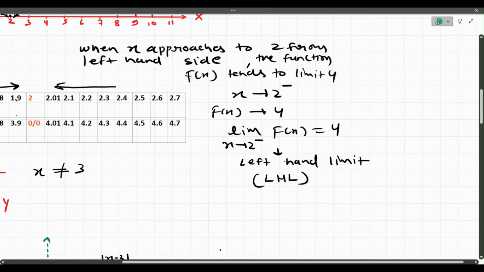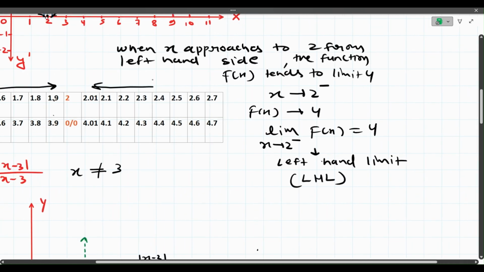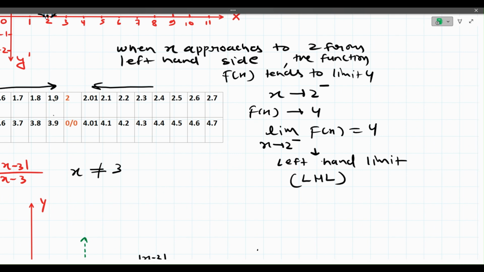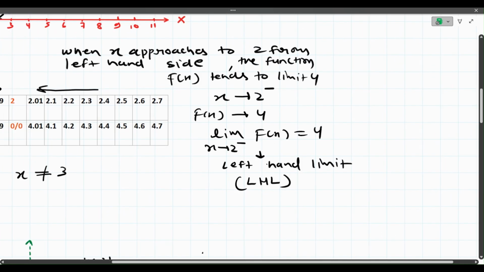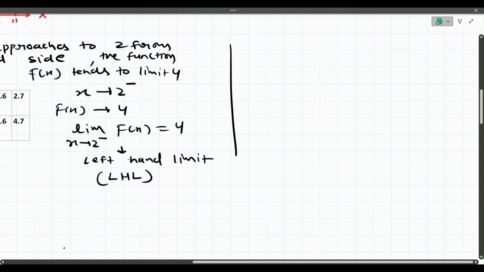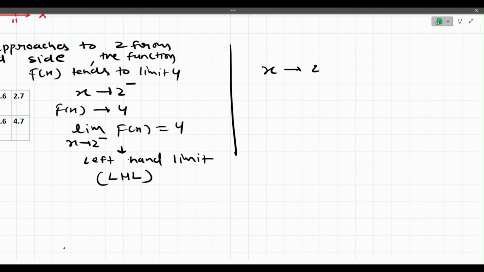You can look at the table. When we approach 2 from the right side, the value of x is decreasing, but again f of x is getting closer to 4. So we can say that when x approaches 2 from the right hand side, f of x also approaches 4.